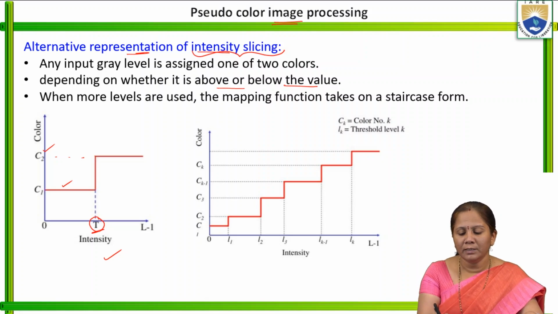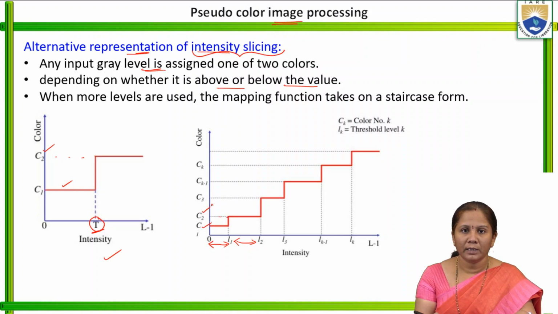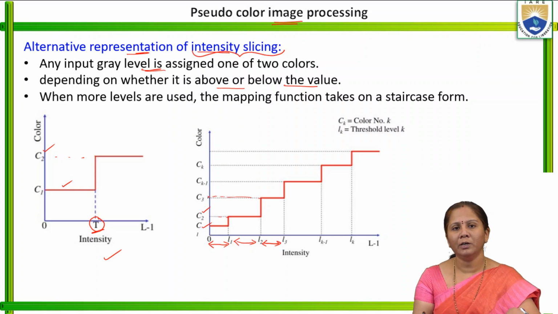If we want to represent the same gray level image with more colors, it is also possible. Here, if the intensity level is between this range, C1 can be allotted. If it is between L1 and L2, another color C2 can be allotted to those particular intensities in the image. If it is between L2 and L3, another color can be allotted.